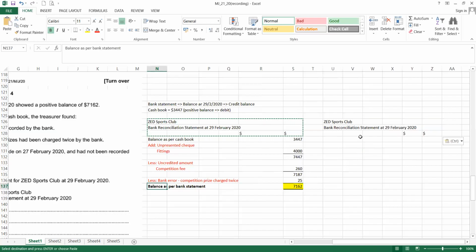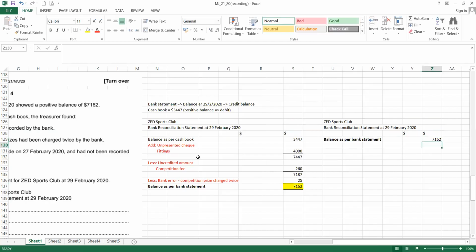If you want to start from the bank statement, this amount 7,162, in this situation you should add. It's just like using the mathematical way to do the question, uncredited amount. So this competition fee should be added because this is seen from the cash book point of view. You do this recording.